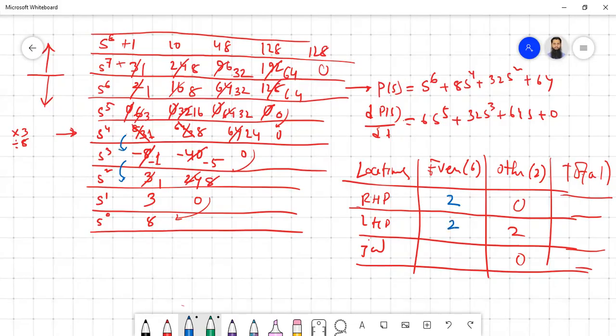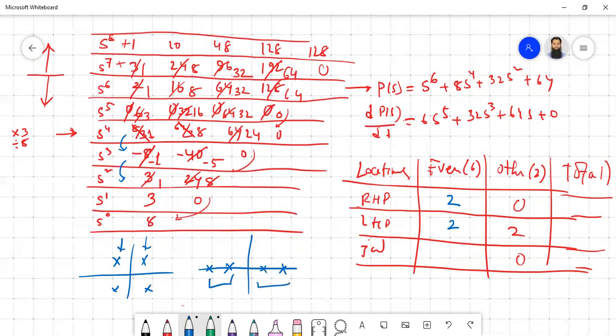Why? Because 2 of them in the right of plane can be the case of 2 this case or 1 this case. So either way, 2 of them are in the right of plane and 2 of them will be in the left of plane. Okay? So this is the case. And what about the other 4? Other 4, because there is no other sign change, the other 4 have to be on the imaginary axis.